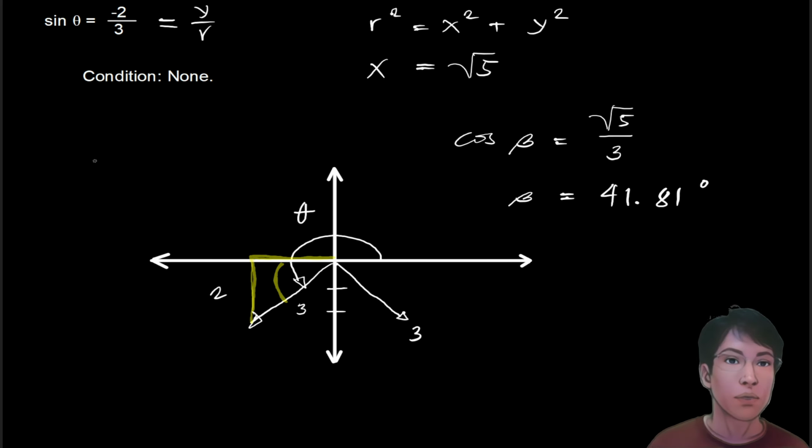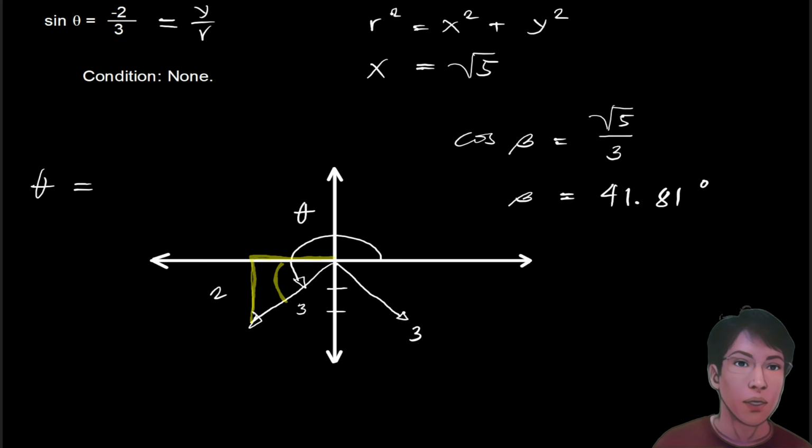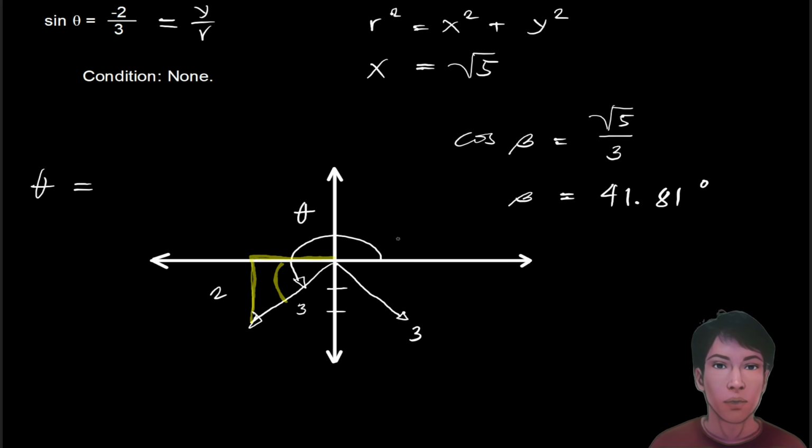This time, angle theta is 180 plus the reference angle. Earlier, for this one, we had the whole 360, then I subtracted the reference angle. This time I am adding the reference angle.